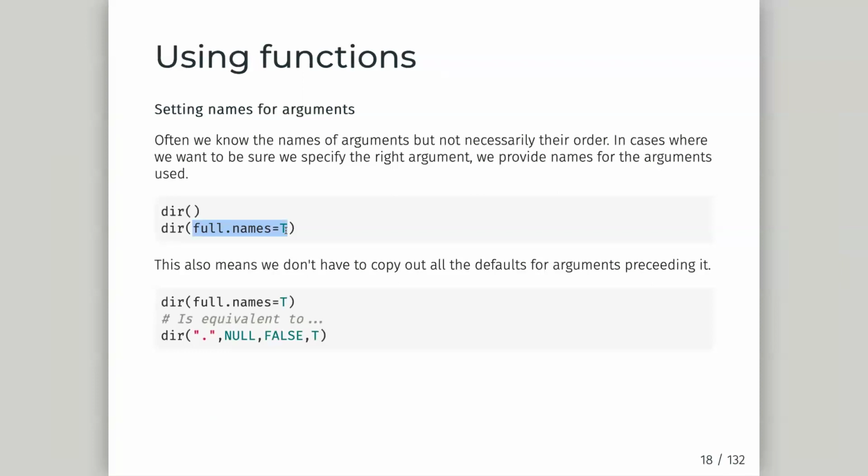It's going to take the default arguments for everything else, and update the argument for full names to be true, and it will give me the full names. That is probably the way to specify arguments in these. The only other way is to write out every other argument up to the one you want to change, and that looks kind of ugly. So use the names, like full names equals true, and use question mark dir to see what is inside these functions.